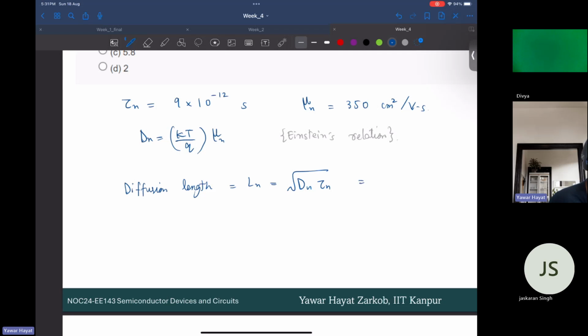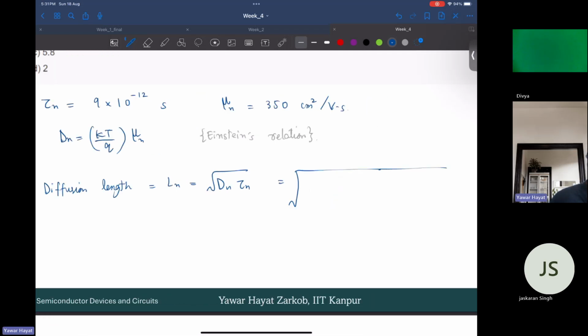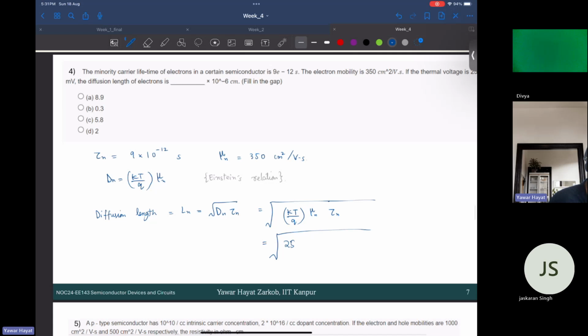And this is nothing but square root of this kT over q times mu n and your tau n, right? And this is simple. We were told to take this thermal voltage as 25 millivolt, right? I'll do the same. So I'll take this as 25 into 10 to the power minus 3, and my mu n is 350, and my tau n is 9 into 10 to the power minus 12, right?